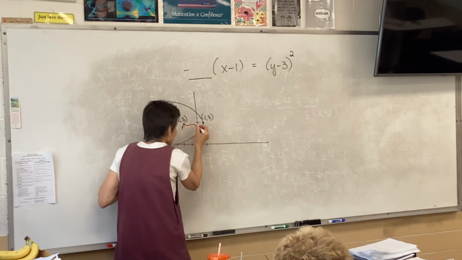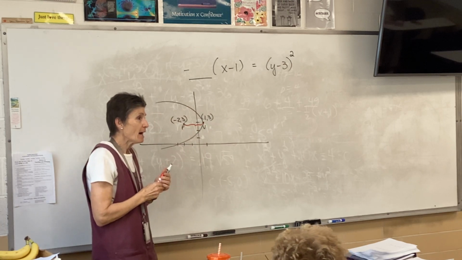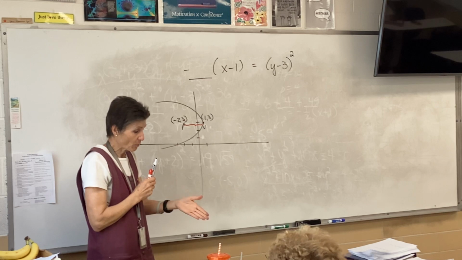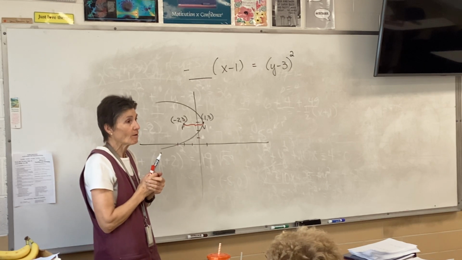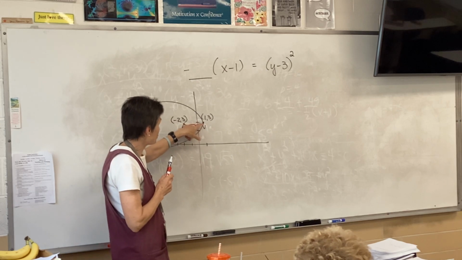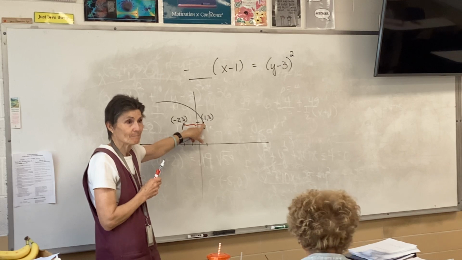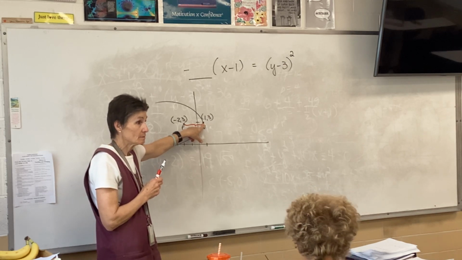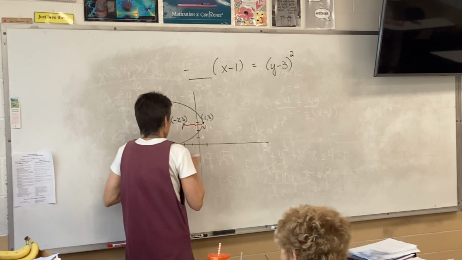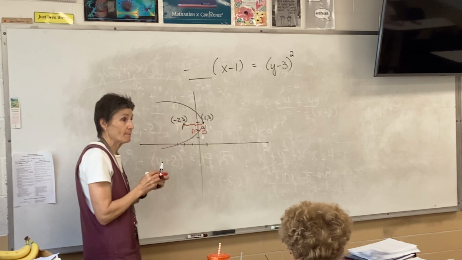In other words, what's that distance right there? Count it out. I know we don't have a graph for that one, but how far is it if we're at -2, 3, and we march over to 1, 3? How far is that? 3? So this distance right here is what we call P, and P is 3.